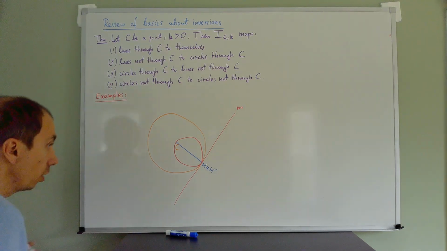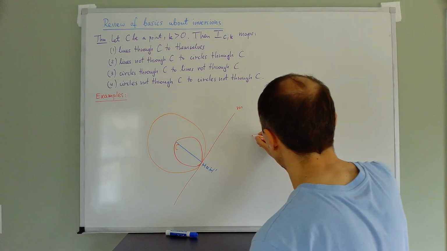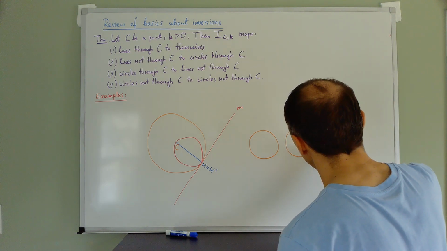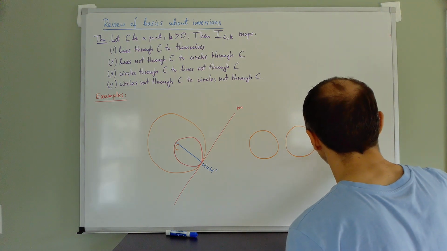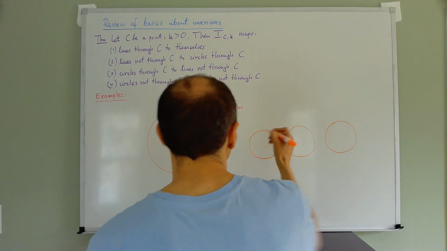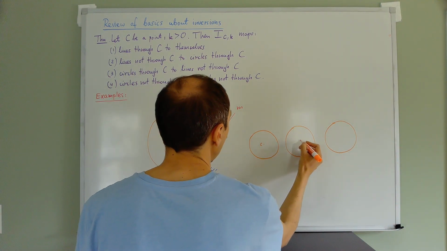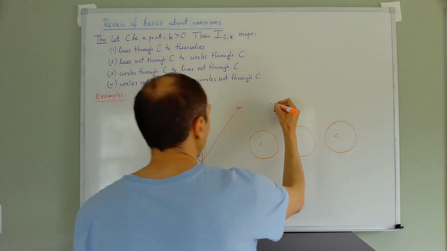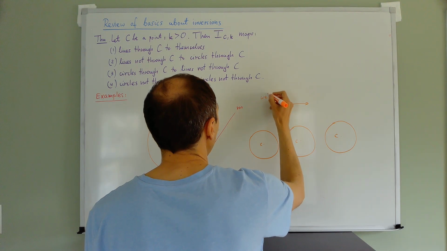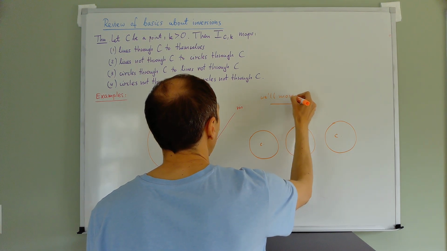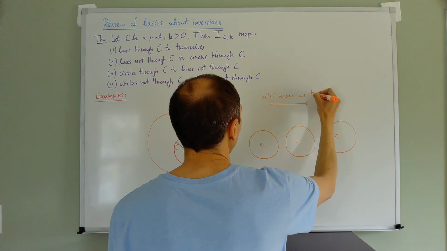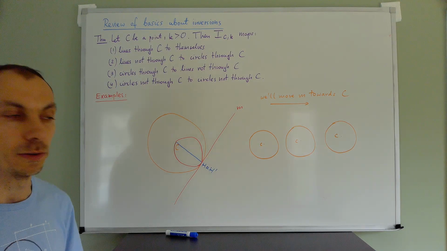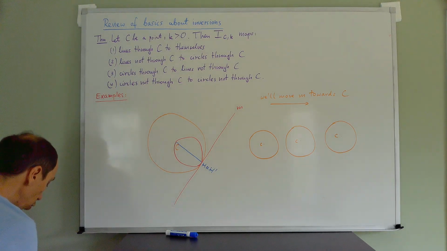So let me just draw a little animation here. As good of an animation as you can get on the whiteboard with 3 frames. Okay, so here is C, C, and C. So the movie will move the line M towards C, and we want to observe what happens to the circle.